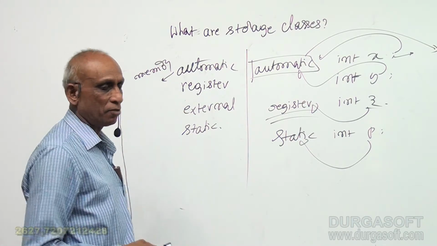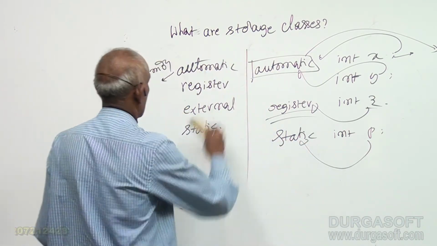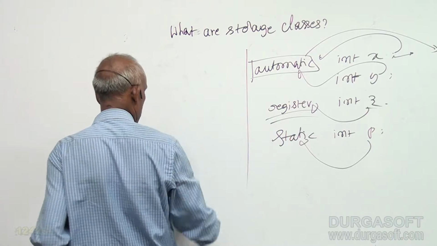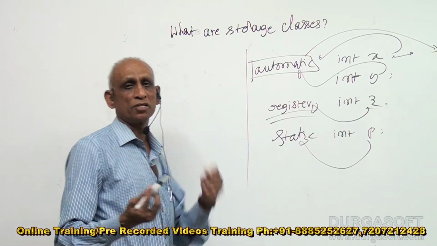And one more aspect of automatic variables is they are created and destroyed along with the function itself.